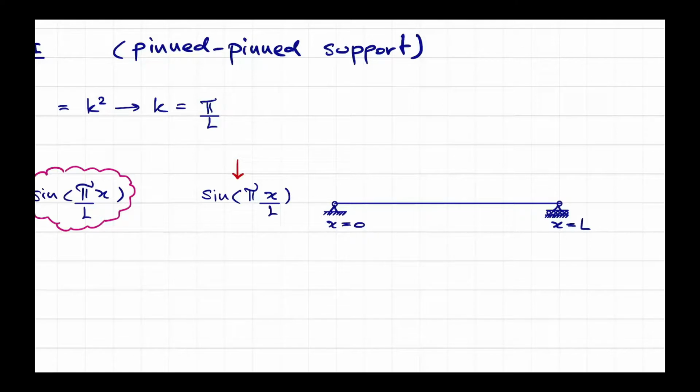The sine function starts from 0 when the thing inside is equal to 0, so you start with 0 at x equals 0. You get the maximum sine value when you have sine of pi over 2, when you are here at x equals L over 2.